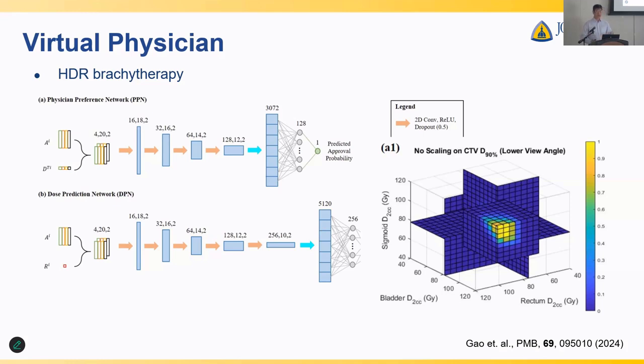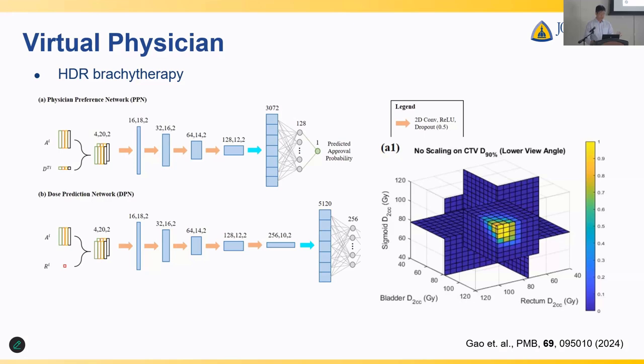But as we deviate from the sweet spot in certain directions, the plan approval probability starts to drop. And more importantly, we can see the trade-off. Say the physician is willing to sacrifice this organ by 3% to gain another 2% on the other organ. So there's a trade-off buried in the physician's mind to make a decision about plan approval probability.